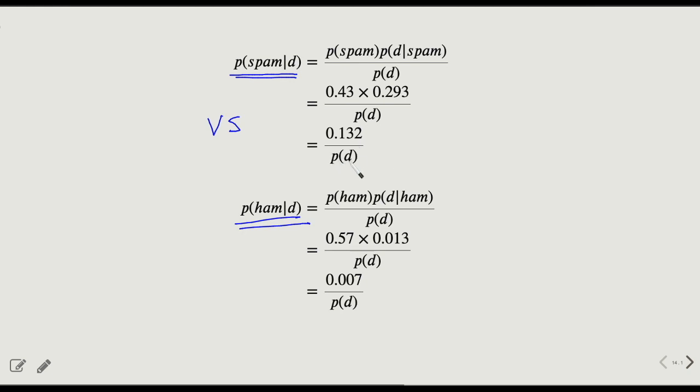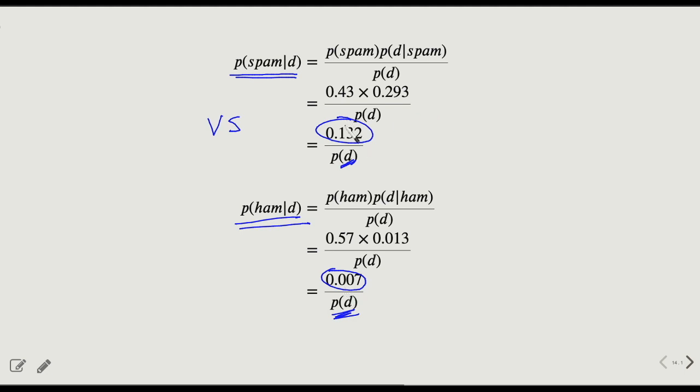0.13 divided by P(D). And if we look at the probability for this document to be a ham, we can do the similar computation, and in the end, the result is 0.007 divided by P(D), versus this one, which is 0.13 divided by P(D). Now, this P(D) is the common denominator in the equation, so it doesn't matter.